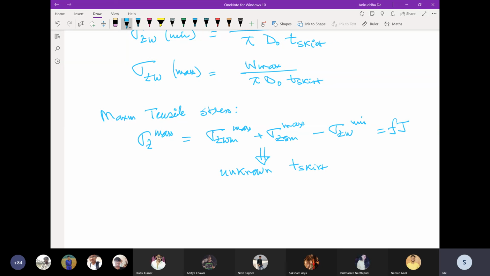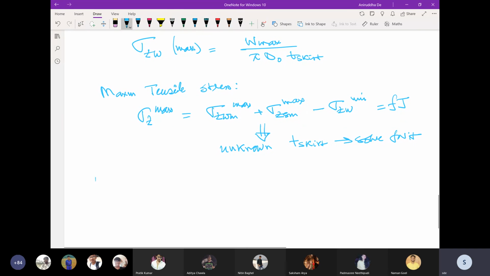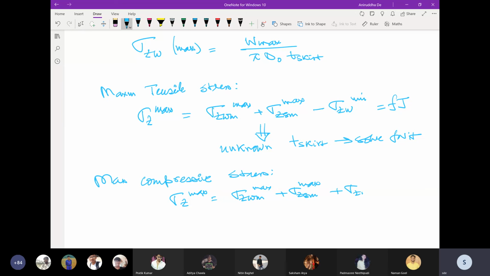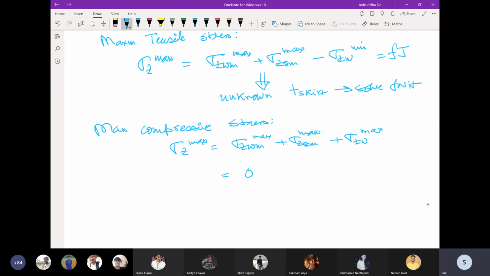Okay, evaluate for that, solve for it, and maximum compressive stress will be sigma Z maximum, sigma ZWM, we take the maximum value of that, plus sigma ZSM, again we take the maximum value of that, plus sigma ZW maximum. Okay, so we equate that with 0.125 E T scat by D naught.